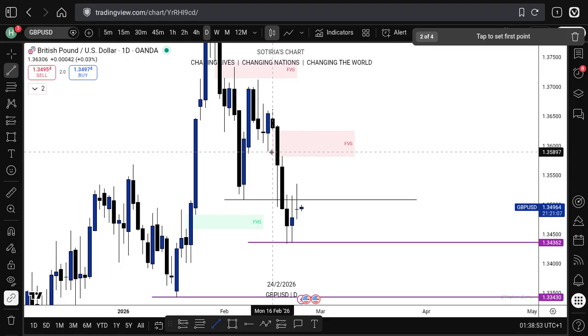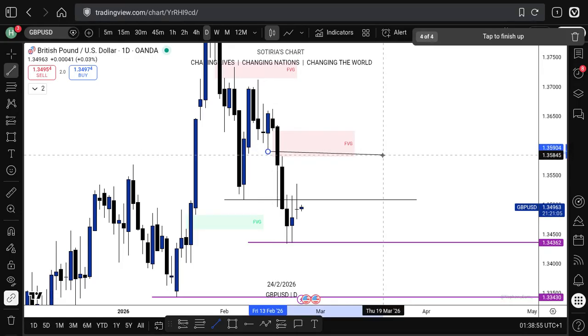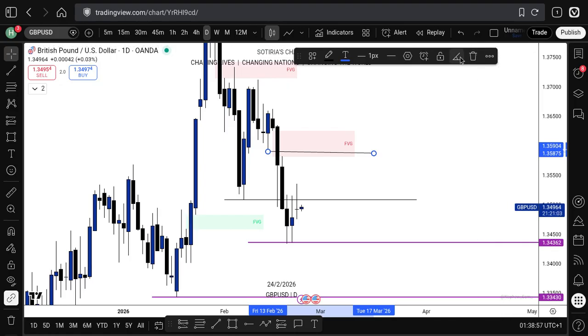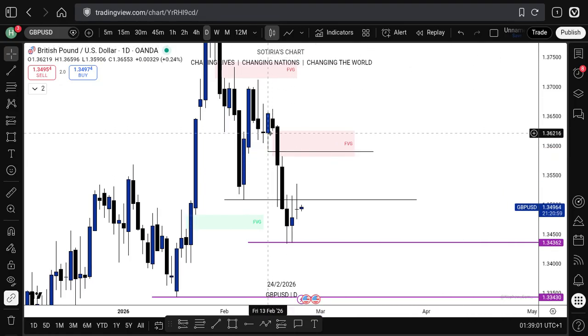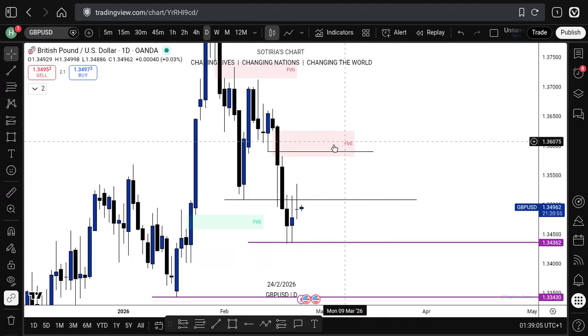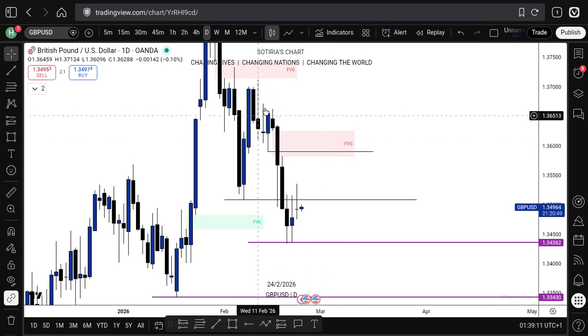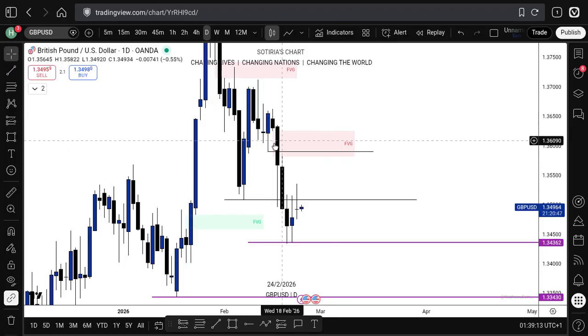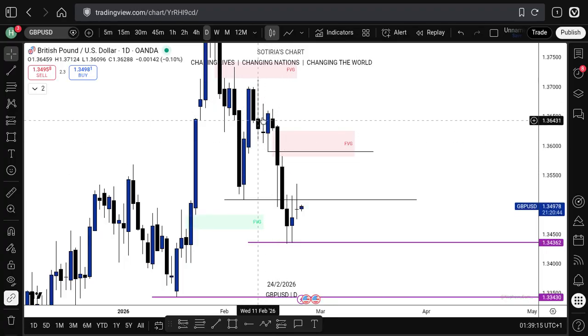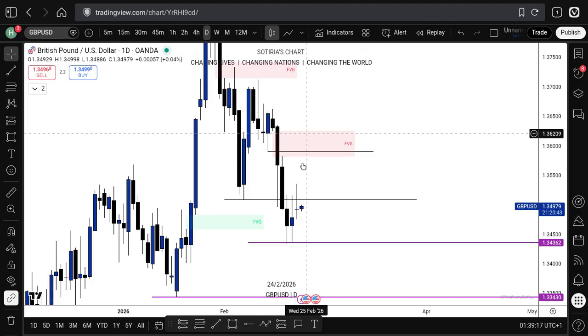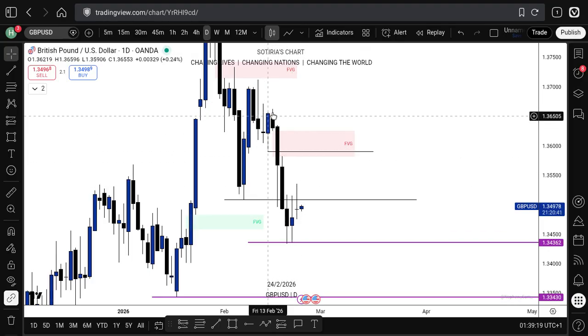I have this breaker block here to sell GBPUSD, and also this FVG that is present here to also sell GBPUSD, and also this whole structure as a whole. So this level right here is a place I'm very interested in to sell GBPUSD.